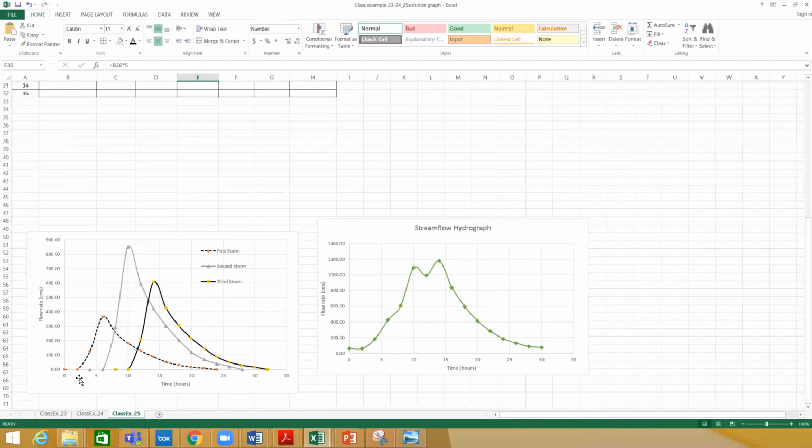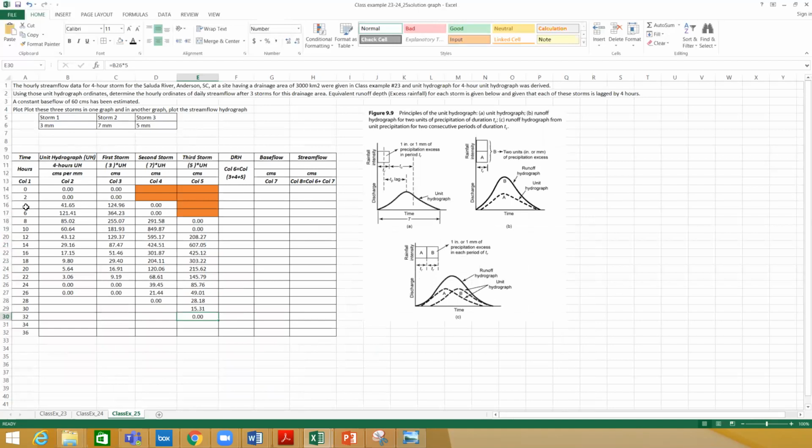And you can see at any hour, we can have either 1 storm, 2 or 3. Okay, so for hour 4, we have 2 storms, but at hour 8, we have 3 storms. So basically, we will add all of these. So that is all the values here, and we need this value as well. So this is the direct runoff hydrograph coordinates.